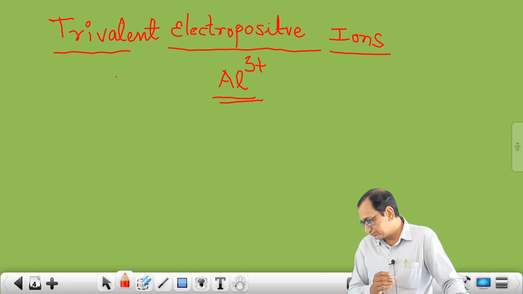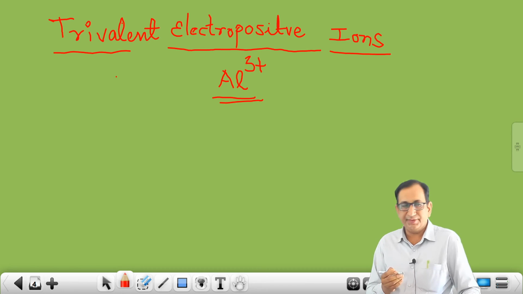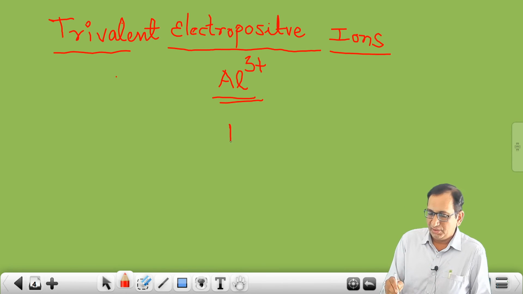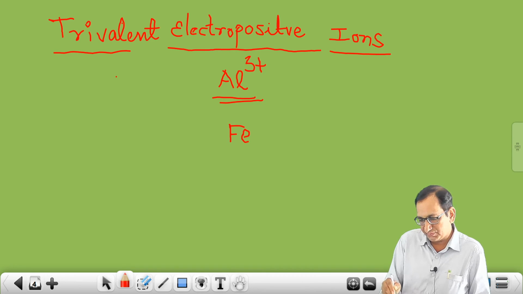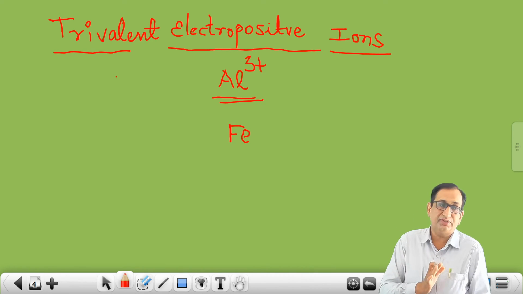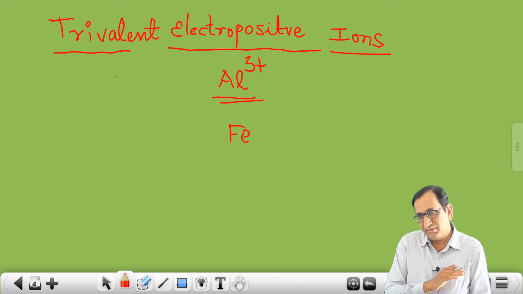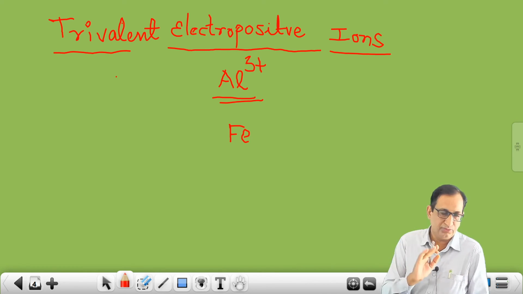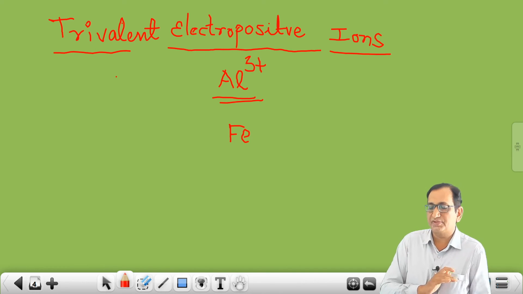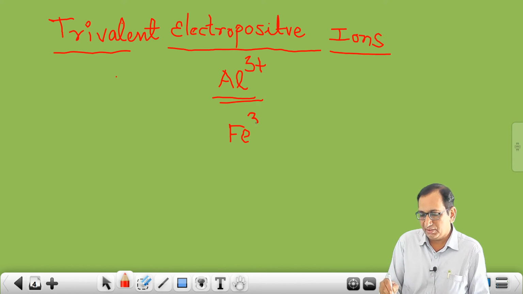And next students, if you talk about iron, I told you that iron has 3 valencies. Especially this iron is very important. Iron shows +1, iron shows +2, iron also shows +3. So here I am writing this iron third.